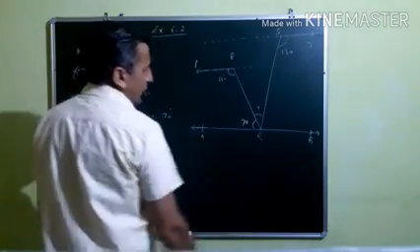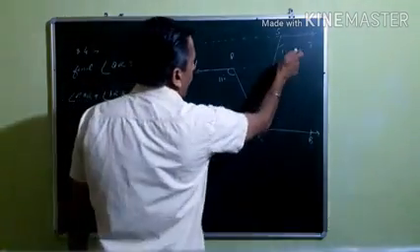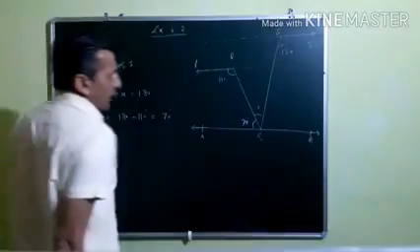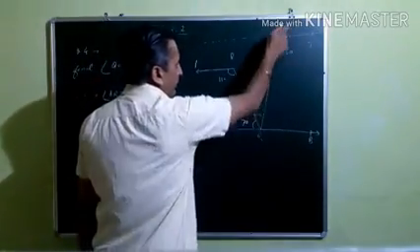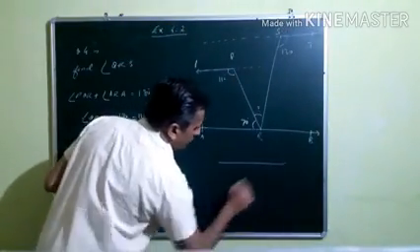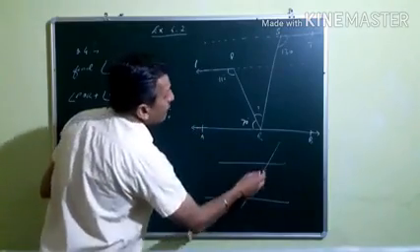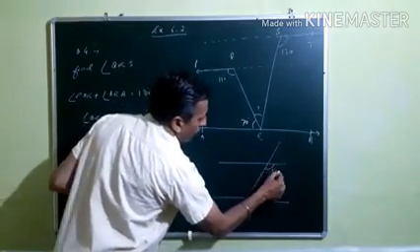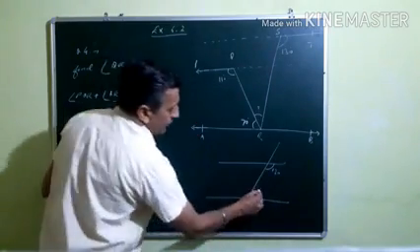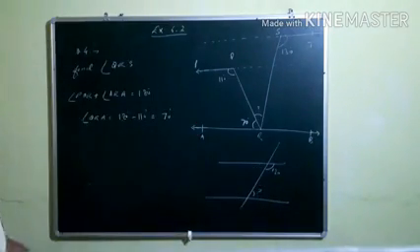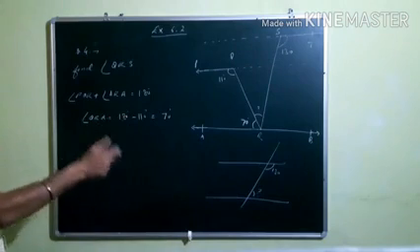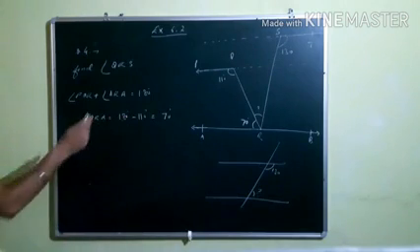Then after this, I'm going to find this one. Once again, this line is parallel to this one, and if these two lines are parallel, and this is your transversal, so if it is 130 degrees, and we have to find the sum of these two, that is 180 degrees, because both are co-interior angles.